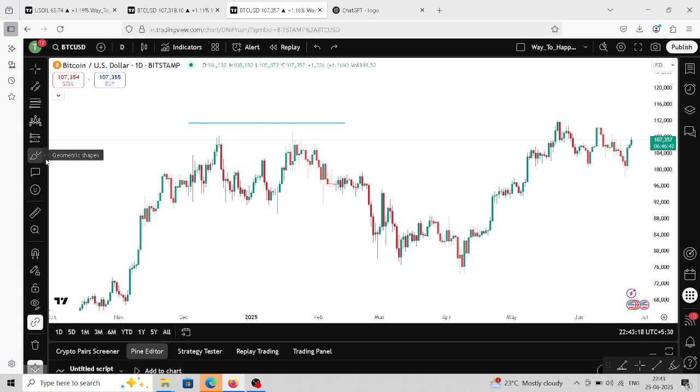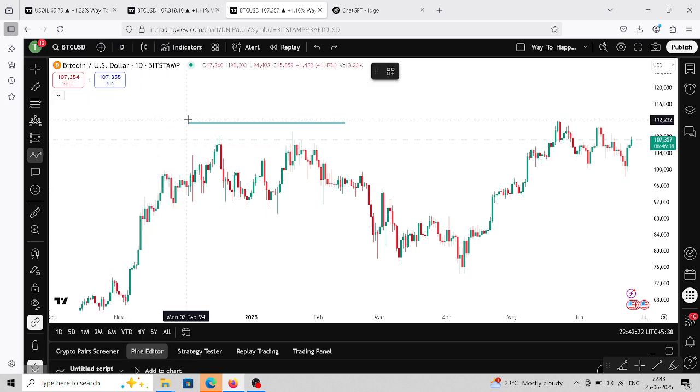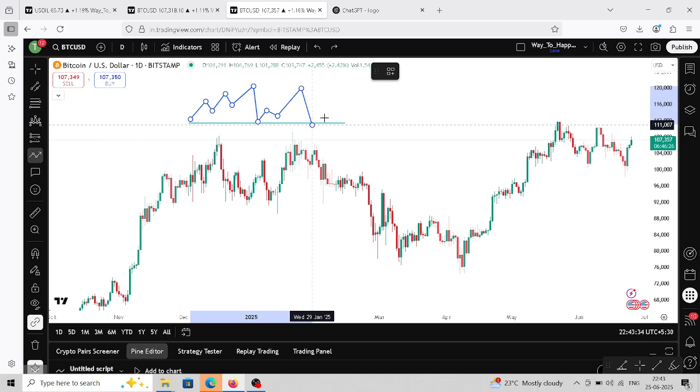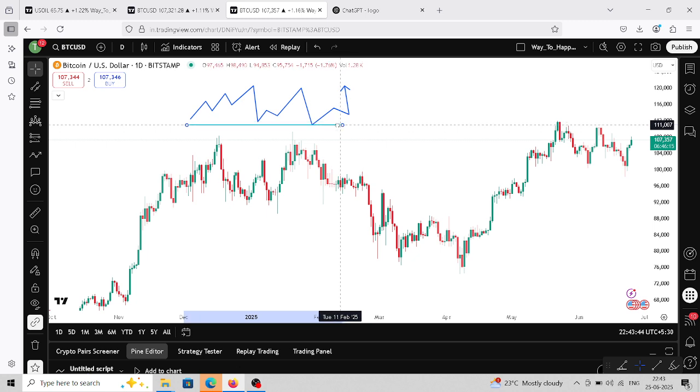Support is where the price bounces again and again: price goes here, comes back, takes a bounce from here, then comes here again and takes another bounce. So when you see a place where the price is again and again taking a bounce, that level or group of levels we call support.